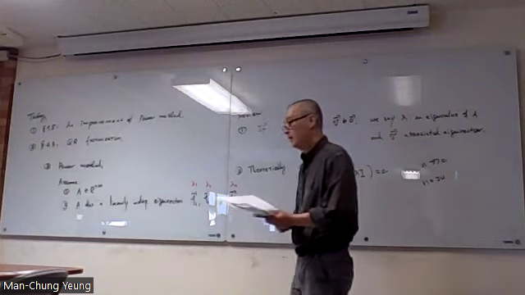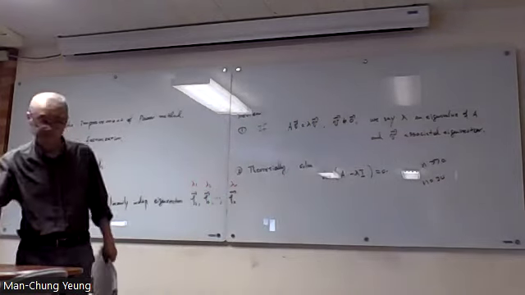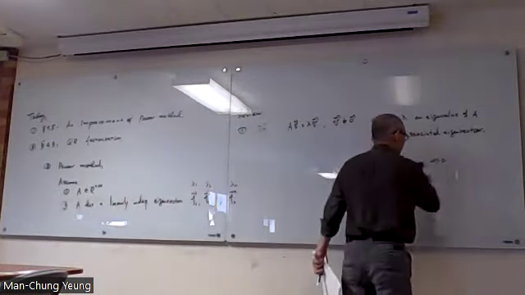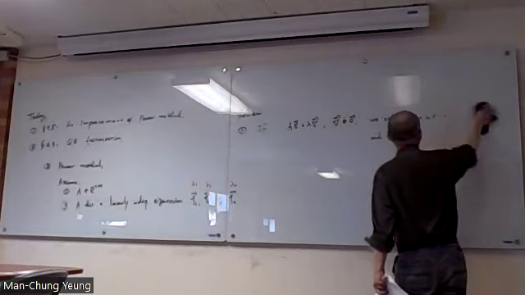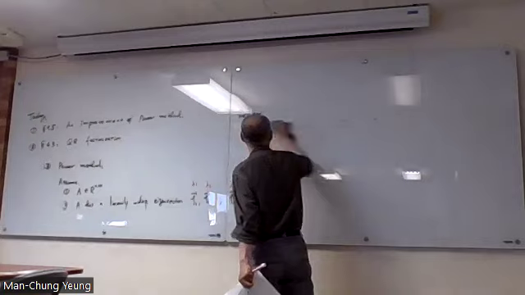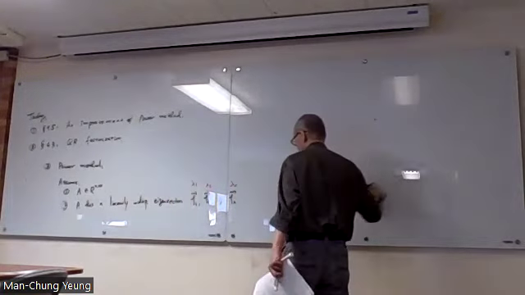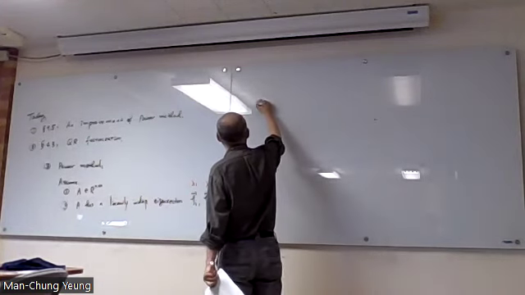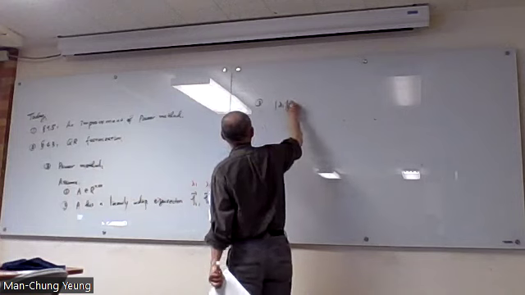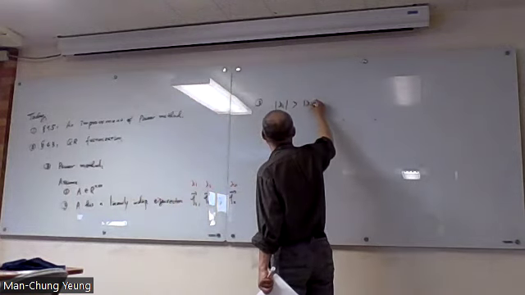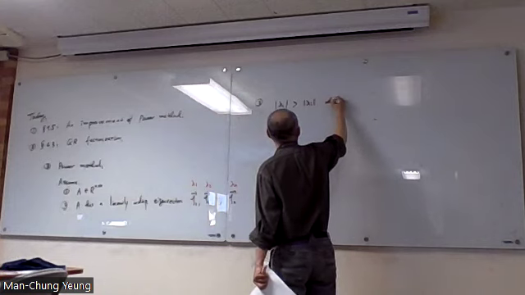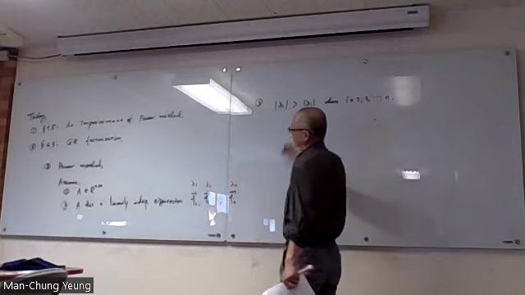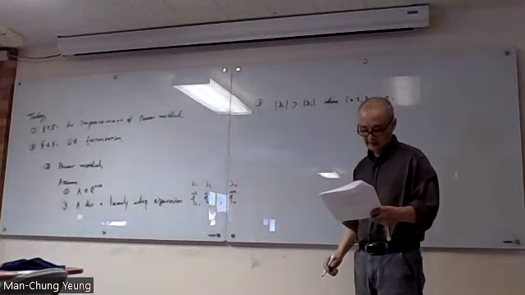Now further, we assume one eigenvalue is dominant, larger than all other eigenvalues in absolute value. Lambda 1 is greater in absolute value than all other eigenvalues lambda i, where i is 2, 3, up to n.